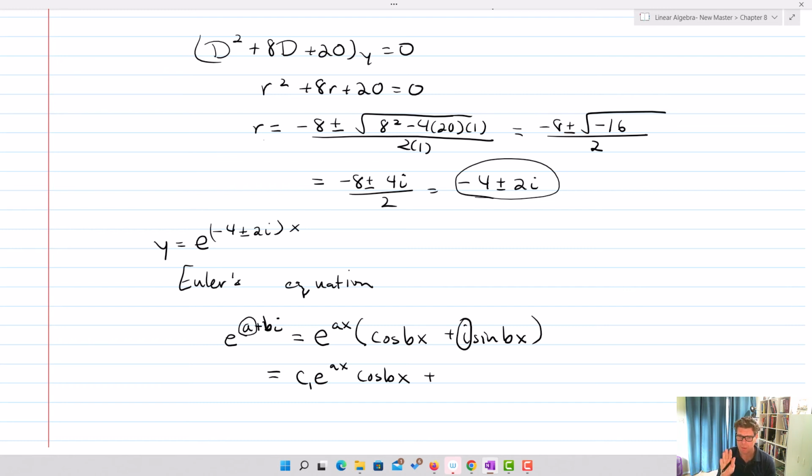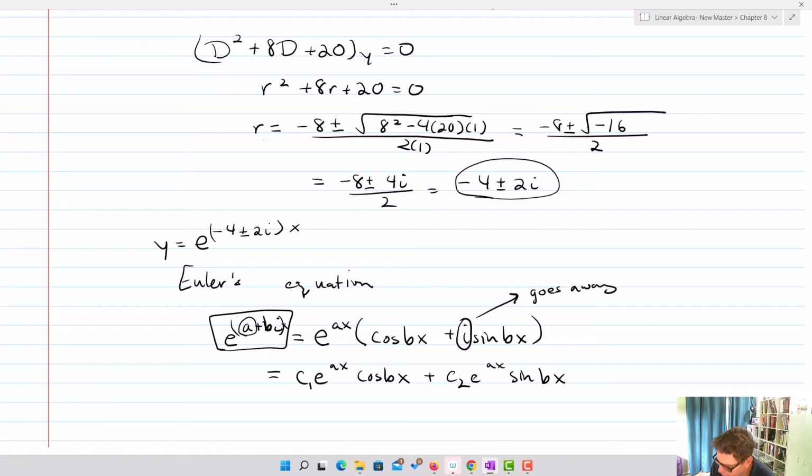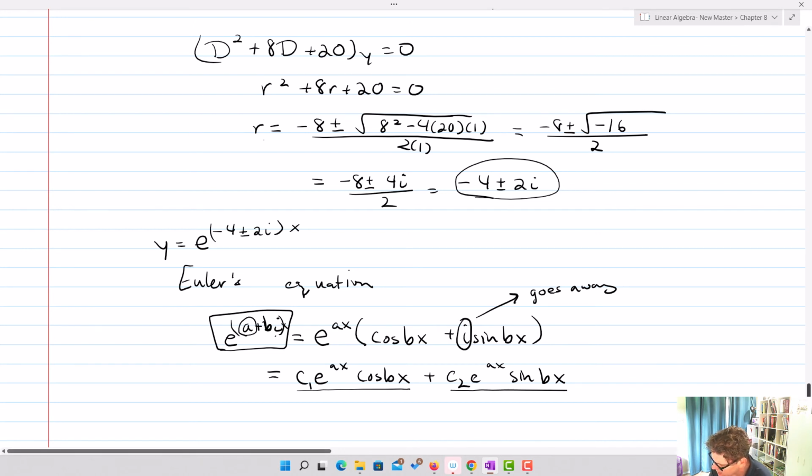We don't want the complex one, we want the real one. We're left with c2 e to the ax sine bx. Those are the two solutions we get if we have something of the form e to the a plus bi x: c1 e to the ax cosine bx plus c2 e to the ax sine bx.